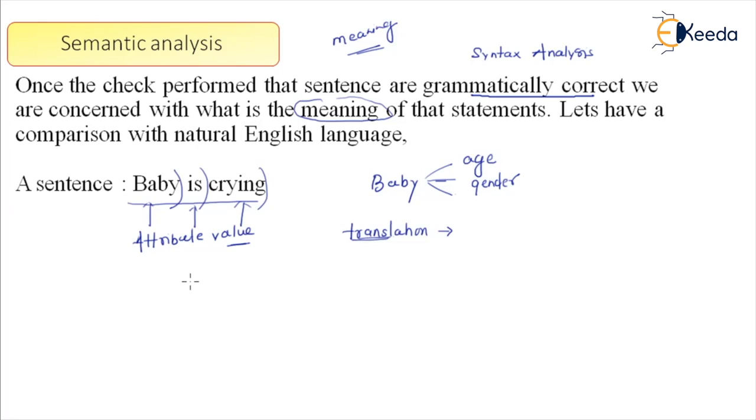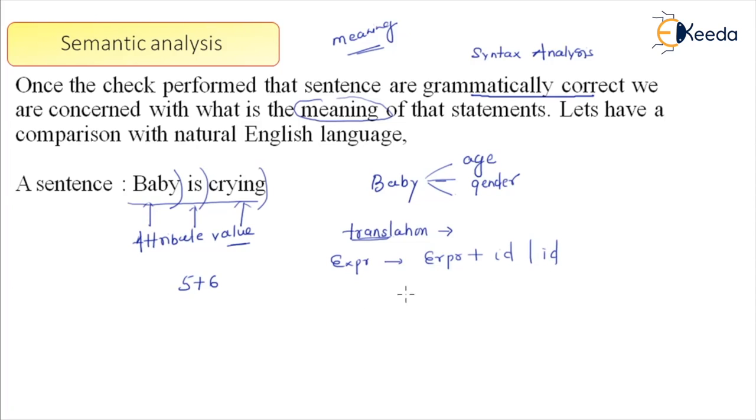Another example can be 5 plus 6. Now if I write a grammar, let's say an expression grammar, expr derives expr plus id or id.